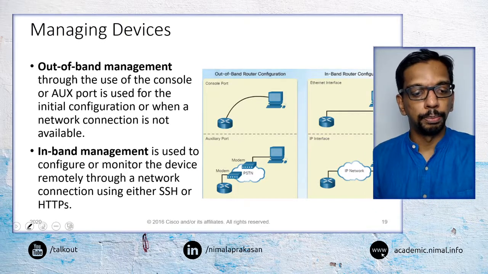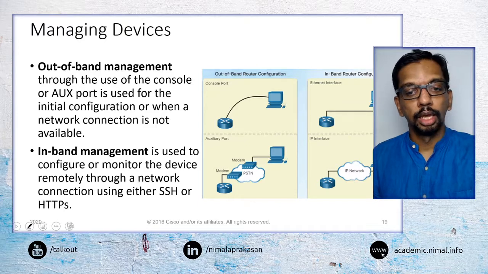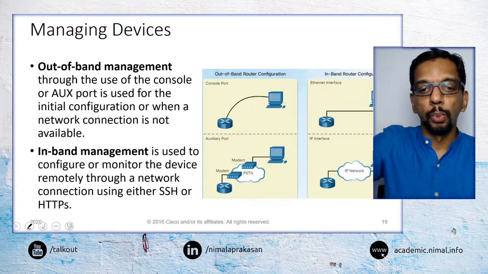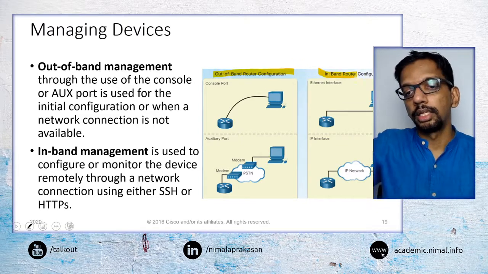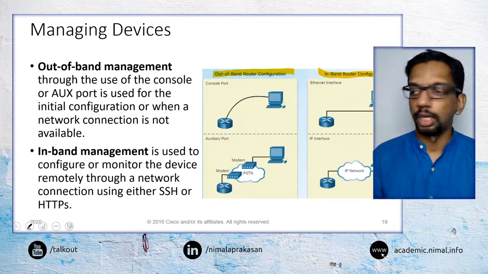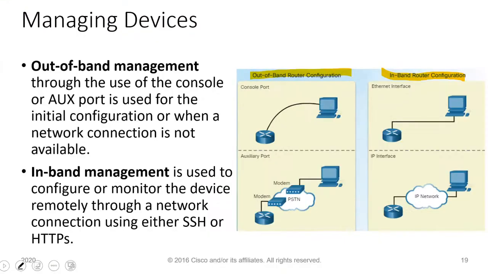There are two common approaches that we would take in terms of doing this. One is called out of band router configuration, and the other one is called in band router configuration. The main difference is, in out of band management, we connect through what is called the console port.